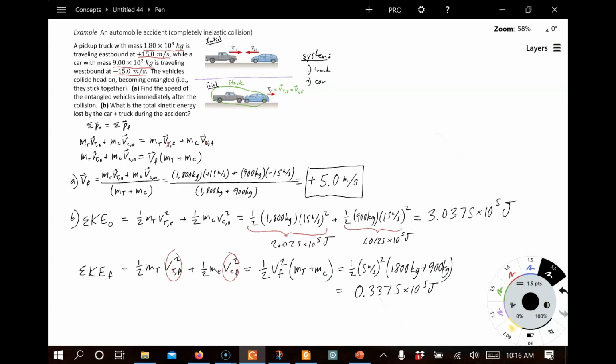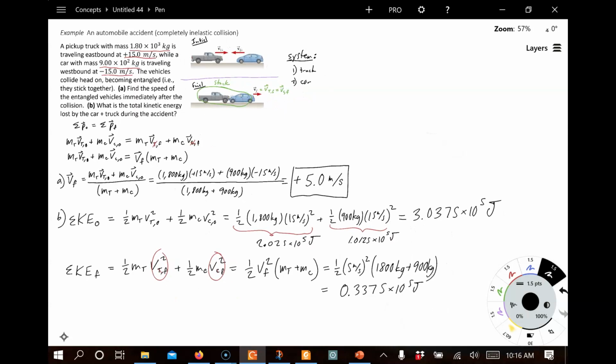So notice that we've definitely lost some kinetic energy after the crash if we compare these two numbers. And of course the difference, how much was lost, we're going to just subtract the final from the initial. So I'll show it right over here. The change in the total KE is going to be KE final minus the total KE.